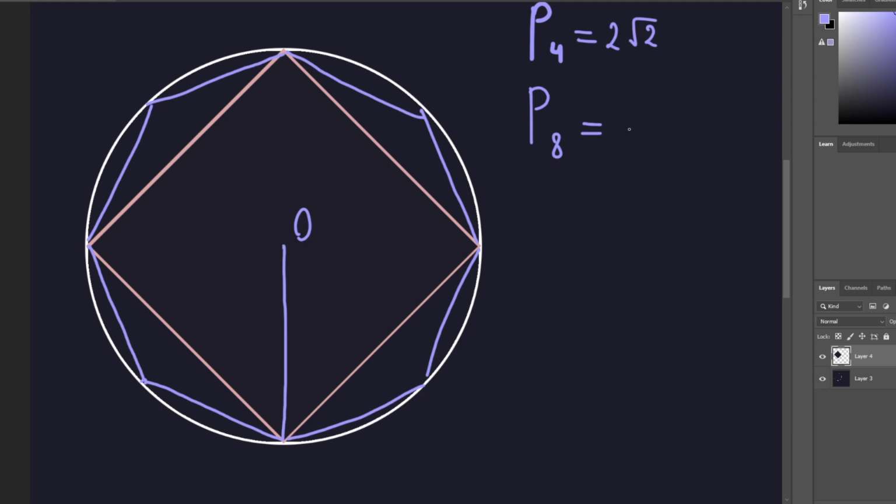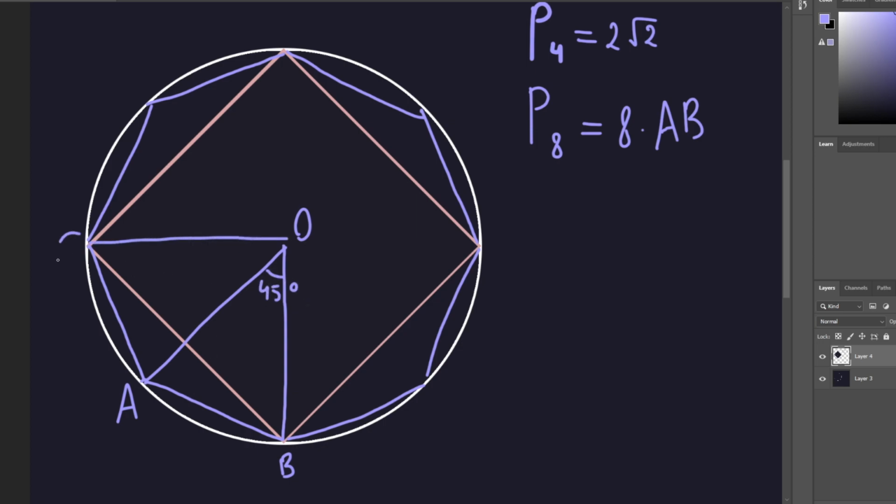This time, in order to find the perimeter of this octagon, we would have to multiply 8 by the length of one of the sides of that octagon. Let's name it AB. So the perimeter of the octagon will be 8AB. To compute AB, let's draw some more lines.